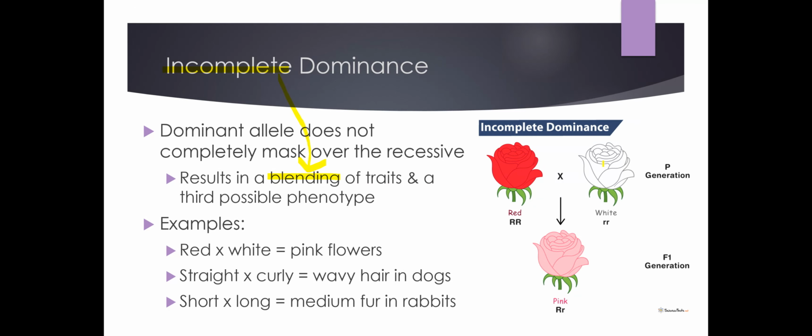The red flower may not completely cover over the white. And so when you get a heterozygote here, instead of seeing just the dominant trait, we see a blend, which would be pink. You could get wavy hair in dogs if you crossed a straight and a curly. You could get medium fur in rabbits if you crossed a short and a long. And so what you're seeing is a blend.